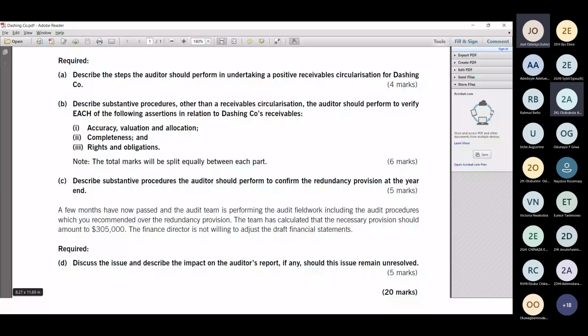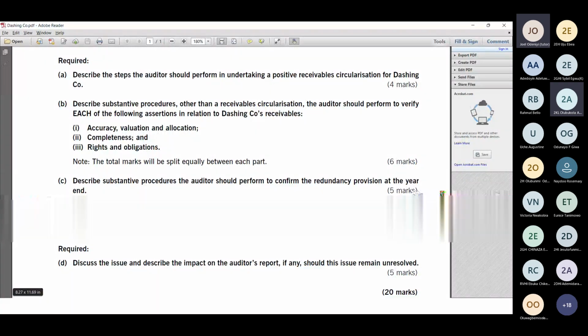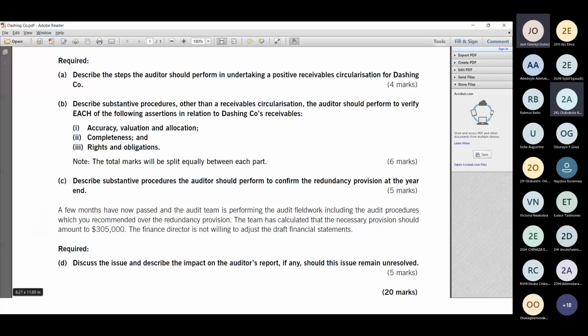I like the way Olamide broke it down. She first said they will issue a modified opinion, and under the modified opinion, a qualified except-for opinion. In the qualified opinion, the wording will be that except for the material misstatement on redundancy provision, the financial statements show a true and fair view, or are complete in all material respects.